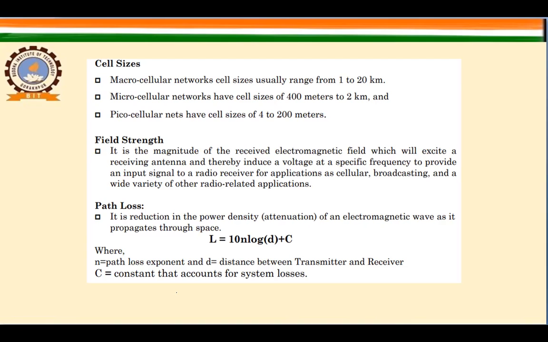And pico cells are smaller. A pico cellular net means you have a hotspot, and you connect another device with the help of this hotspot, and after that they have certain types of chain. Such a cellular net is called a picocellular net, whether it is connected by hotspot or Bluetooth.